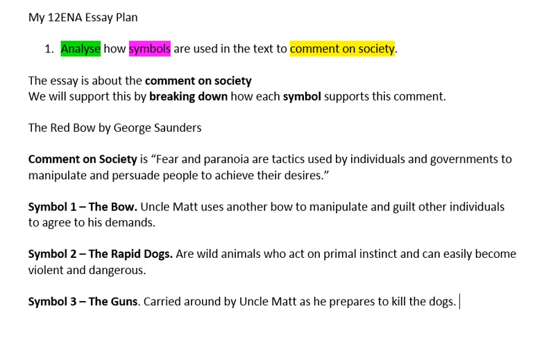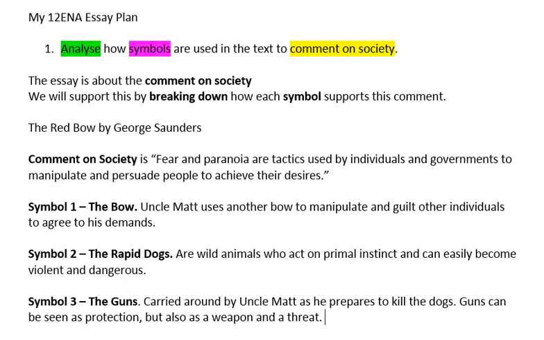Guns can be seen as protection, but also as a weapon and a threat.